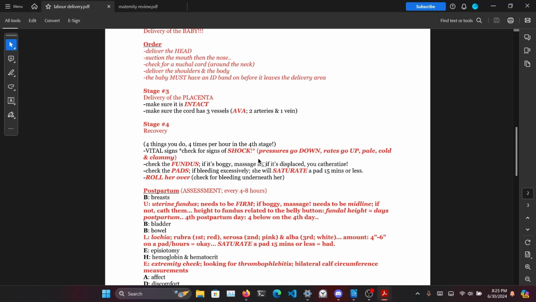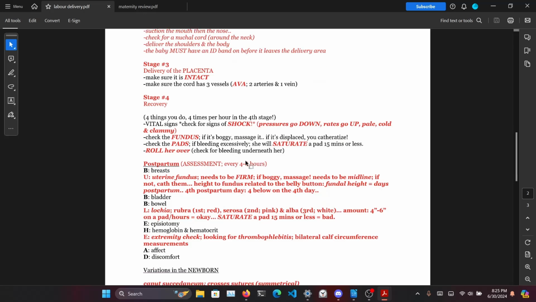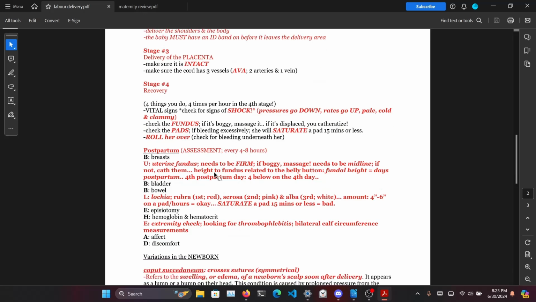And postpartum assessments will include: you have to assess the breast for any engorgement, any infection signs, if it's too firm, right? Then uterus, same, it needs to be firm. If it's boggy, you have to massage it. It should be in the midline.